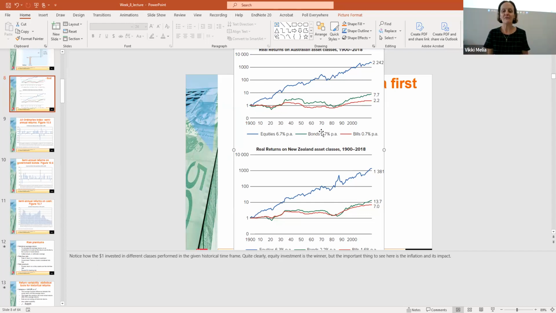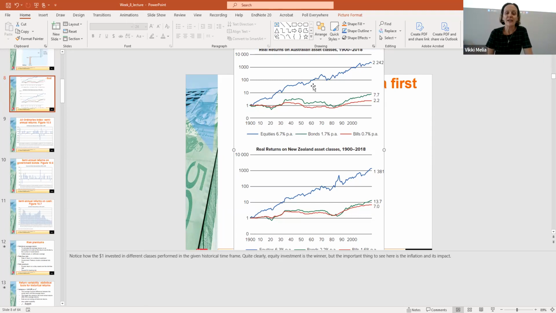And for bonds, the average return per year is 1.7%, but it goes back so far that it's not really relevant to us now for investment decisions. The only purpose of the graph is to show you that equities on average have higher returns than bonds and bills because they're a riskier asset.